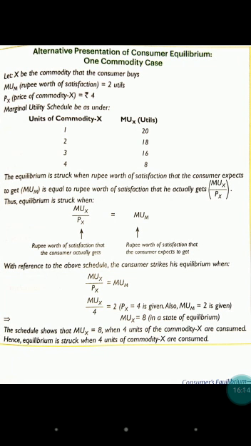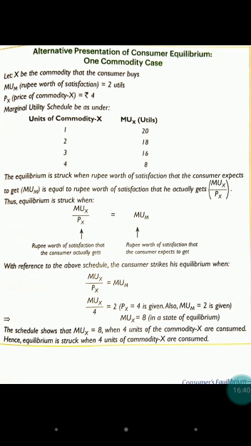So at unit 4 MUX is 8. The schedule shows that MUX equals 8 when the 4th unit of commodity X is consumed. Hence equilibrium is struck when the 4th unit of commodity X is consumed. So this is another example in which we have discussed MUX upon PX equals MUM.